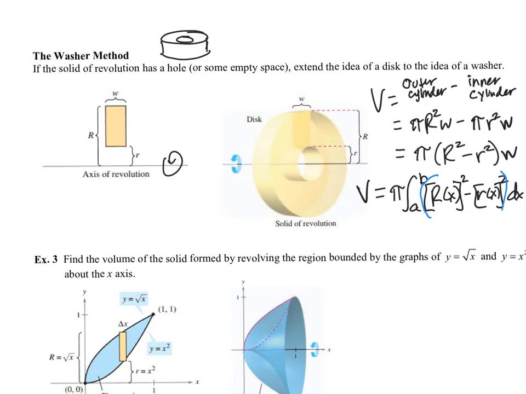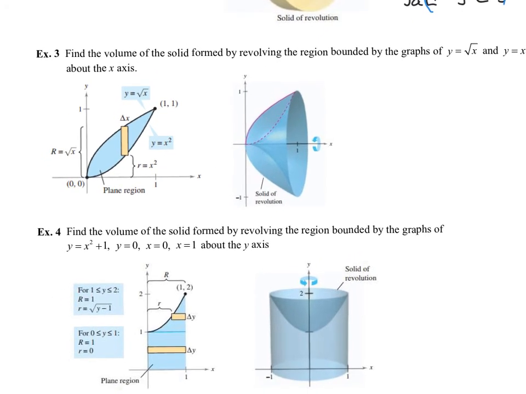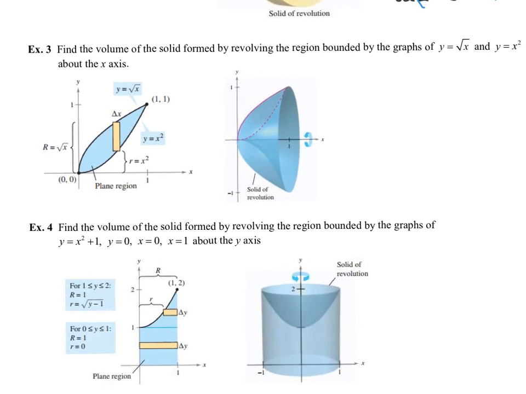So let's use the washer method to work this next problem. It says, find the volume of the solid formed by revolving the region bounded by the graphs of y equals the square root of x, and the graph of y equals x squared, which is this function.